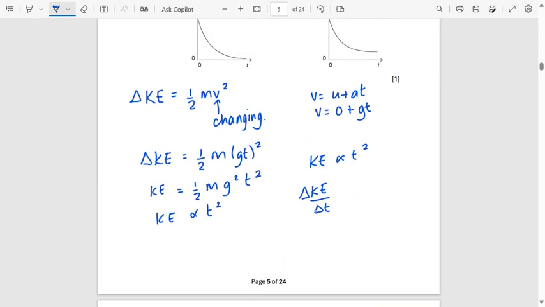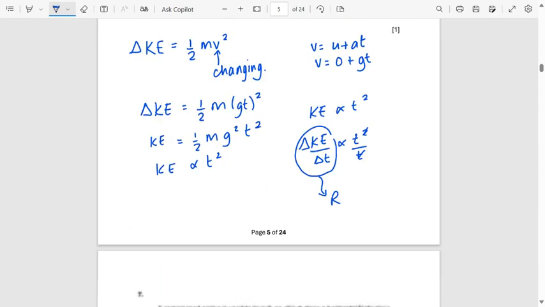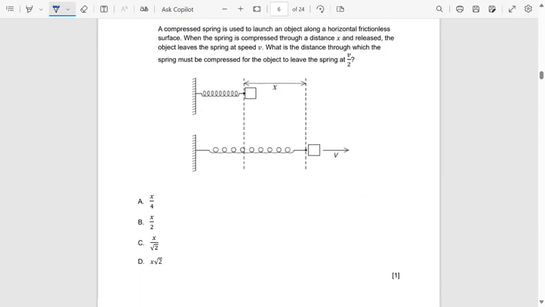To get from here to here, I've had to divide by time. So I need to take my t squared and again divide by time. So therefore, we see that rate of change, letter R, is proportional to t squared over t. So it's proportional to t, so we're looking for a linear one, so it's 6a, and yes, apologies, that one was difficult.